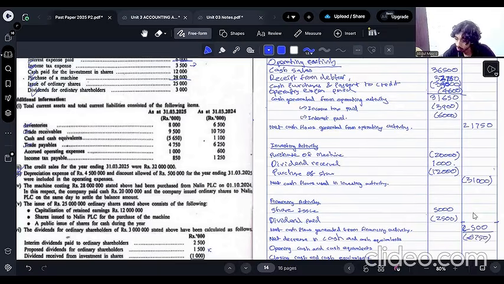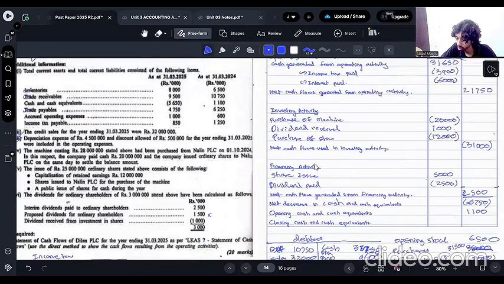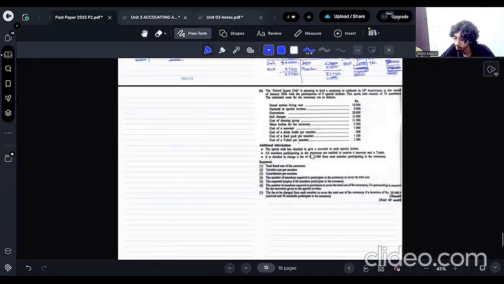Opening cash and cash equivalent is 1,100. So if you add 1,100 to minus 6,750, you're getting minus 5,650. Sorry, minus 6,650. You're getting the correct closing balance. That means you have recorded everything properly.